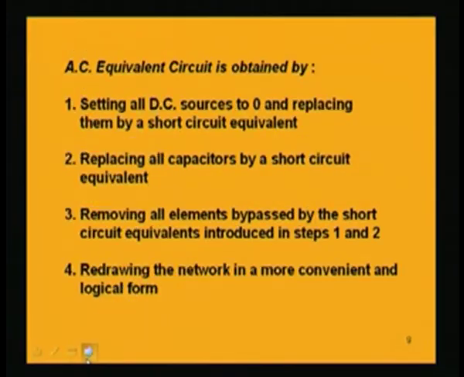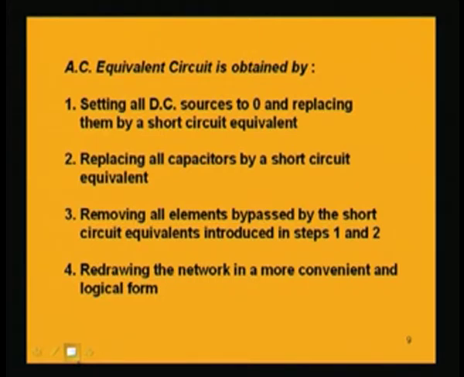Now VCC, which is the only DC voltage available here, is to be made 0, or short circuited to ground. So, the AC equivalent circuit is drawn by first setting all the DC sources to 0 and replacing them by a short circuit equivalent.